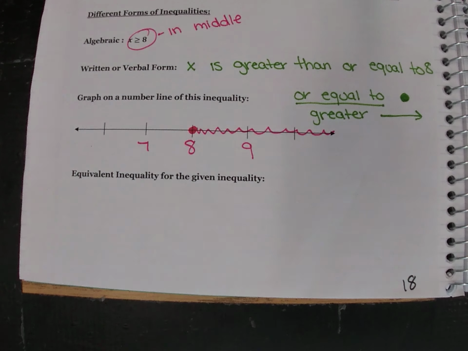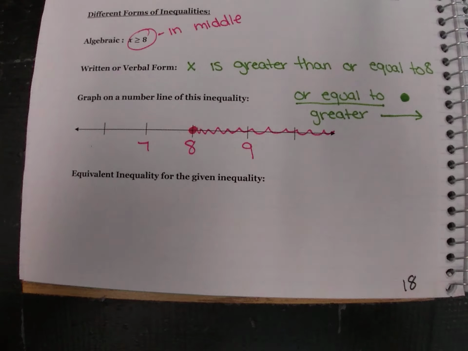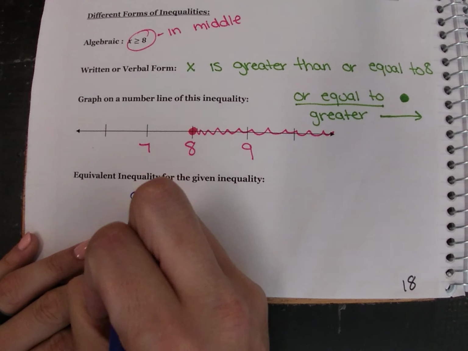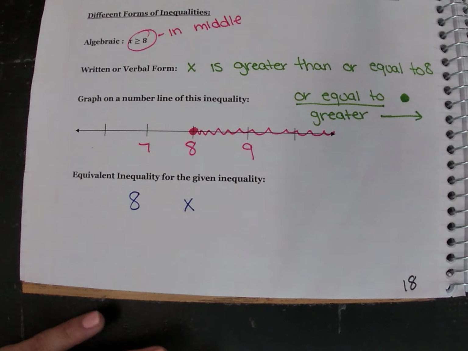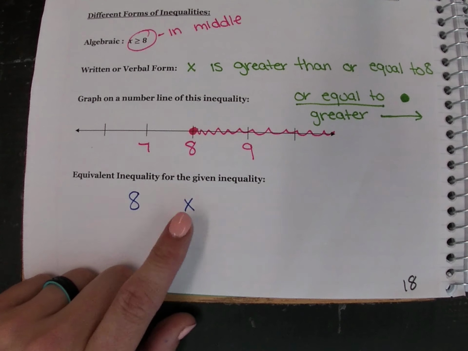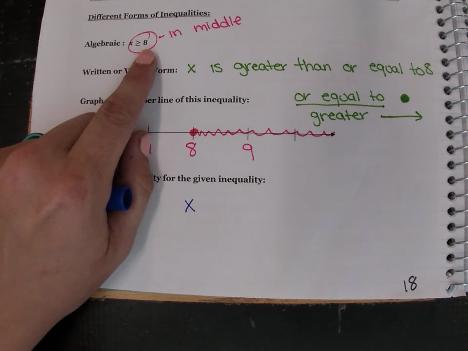An equivalent inequality means that we can also represent this inequality with that variable on either side. So it's fair to say x is greater than or equal to 8, but that is the exact same thing as writing the 8 first and the x second. But the 8 was the smaller one.